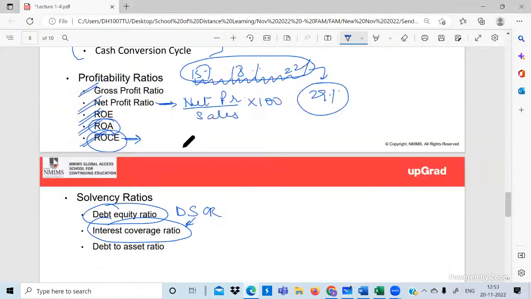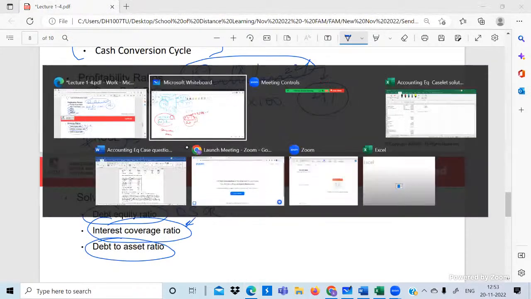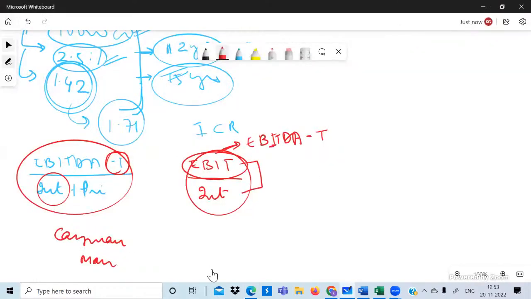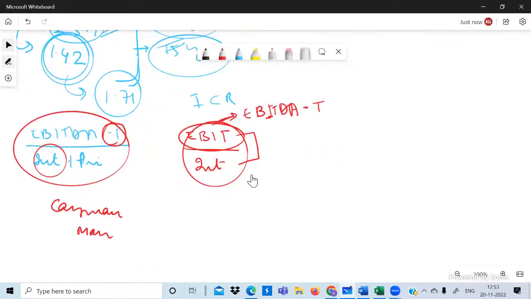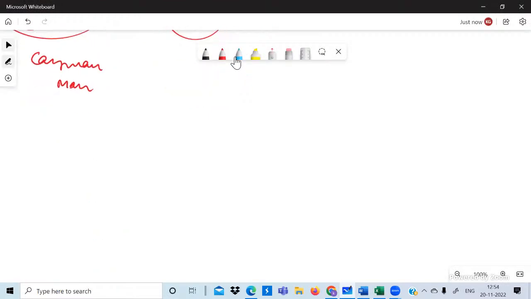Then we could move to the last one, which is your debt to asset ratio. The name itself will suggest what the formula will be. What do you think will be the formula for debt to asset ratio?